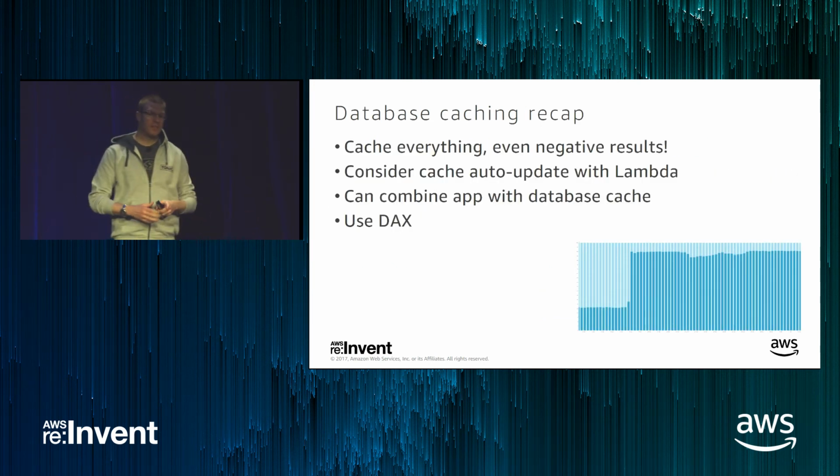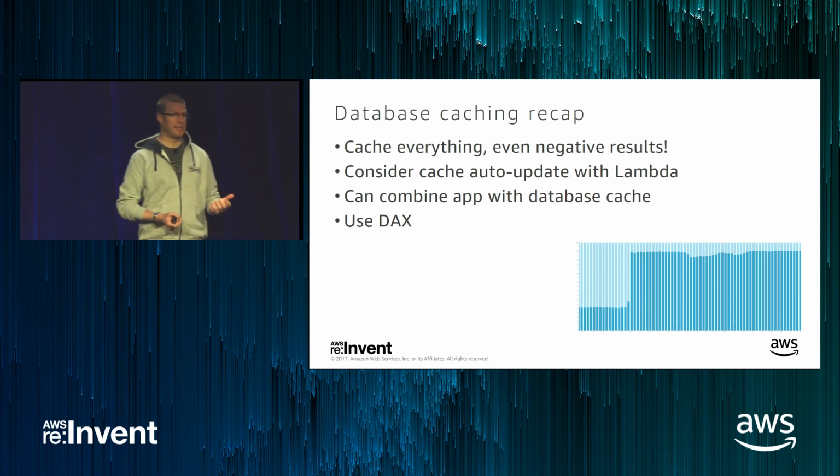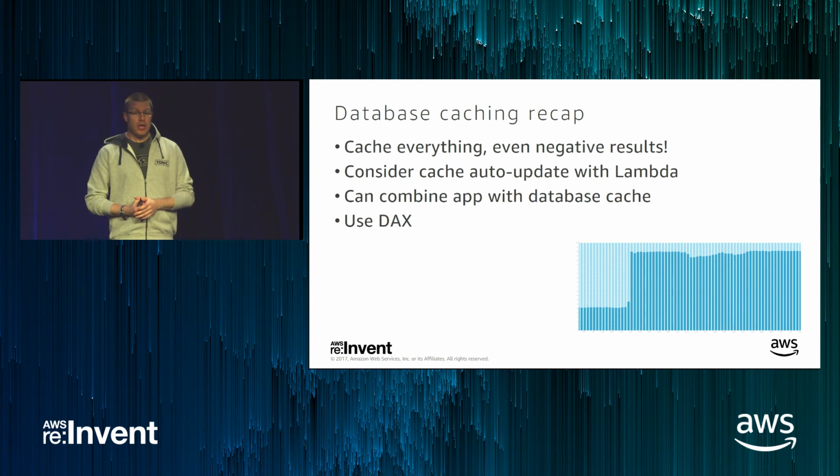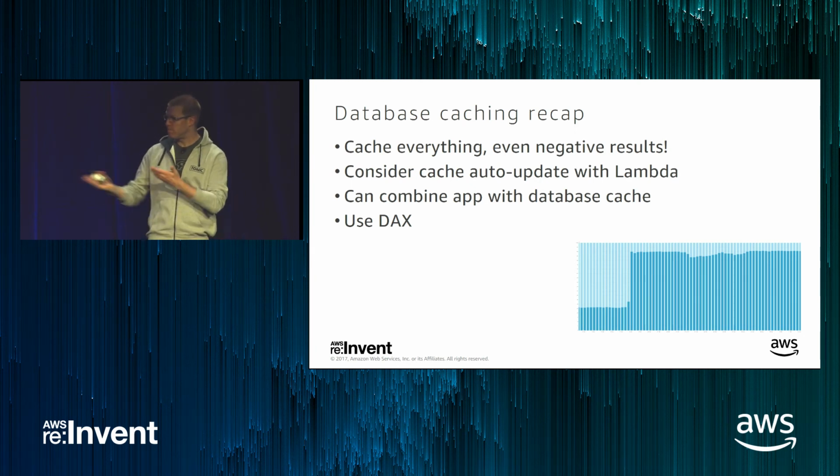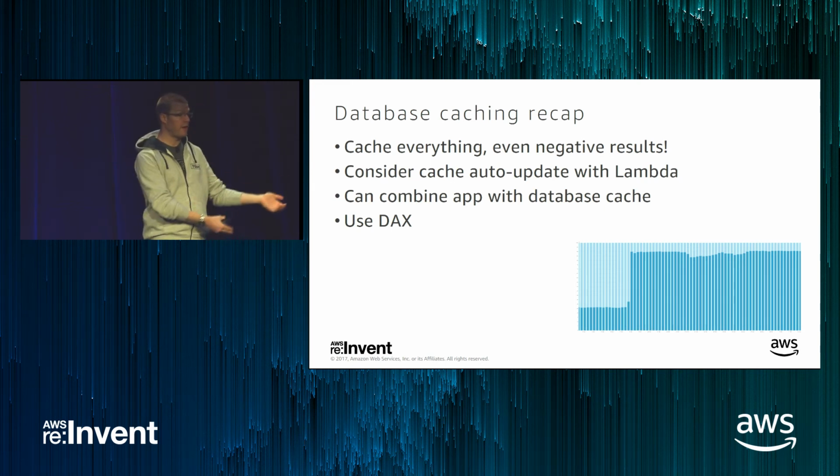So let's wrap up the database caching thing. Cache everything, even the negative results, just as I said. I think that's the most important part. We learned a lot out of that, and we saved a lot of money while we were learning that. Consider the cache auto update with Lambda for those that might be suitable. You can combine application with database cache because, as Konstantin said, Redis and Memcache are also a good solution for database caching.